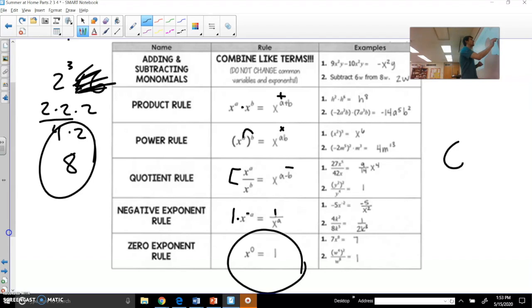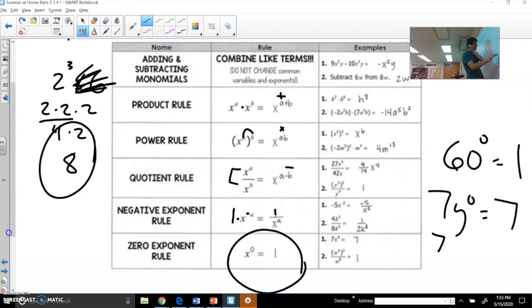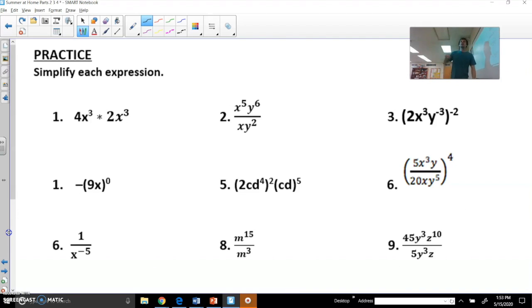So for example, 60 to the 0 power is 1. But 7y to the 0, well, that would be 7. Well, why is that? Well, this is really 7 times 1. y to the 0 would be 1. And then 7 times 1 is 7. So be careful to make sure that 0 as a power only affects what it is on its base.